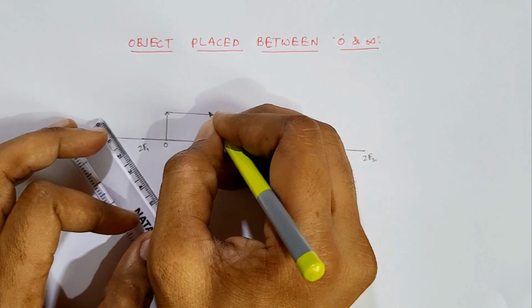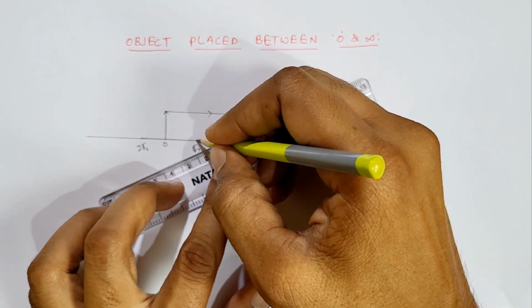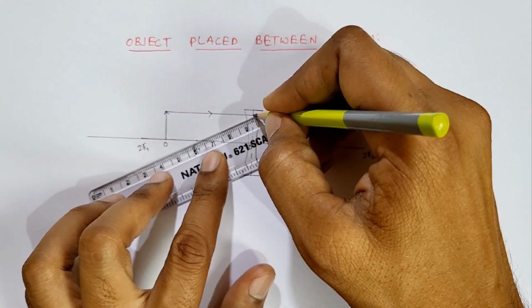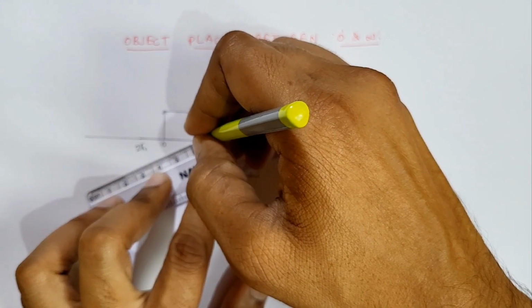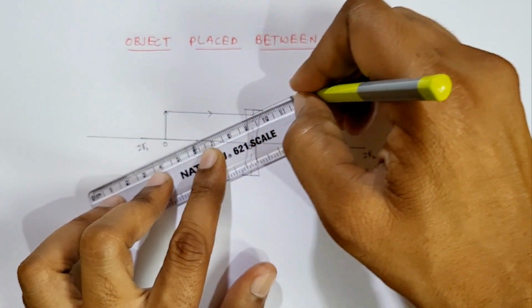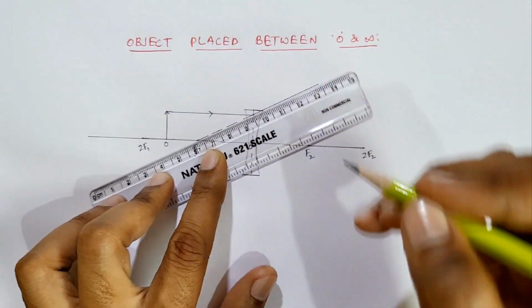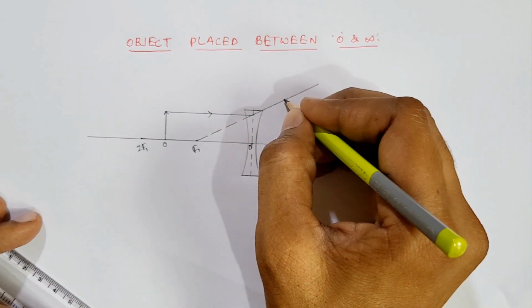After refraction, how should it pass? It should appear like diverging from the focus. Correct? Like this. Now one more light ray.